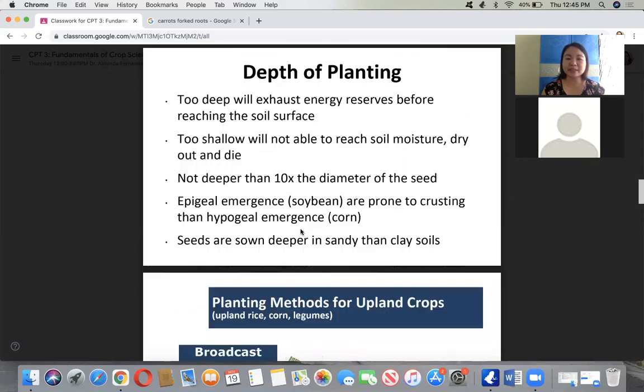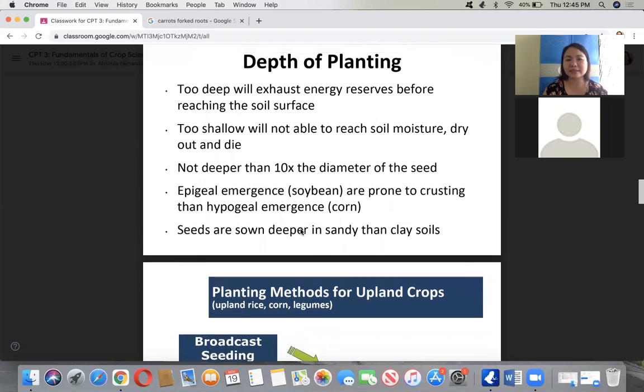So just imagine the way the seeds would get out. As an agriculturist, our role in seed germination is just to assist all the crops to germinate properly and successfully.